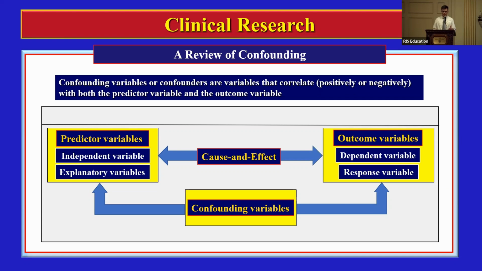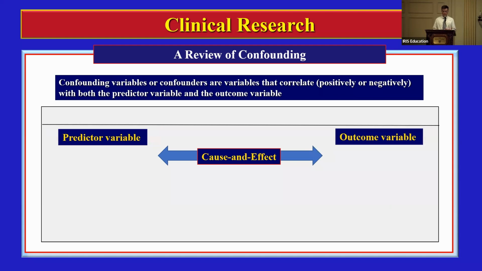So I think it's always good to have an example. Let's say we have an investigator who wants to study patients hospitalized with community-acquired pneumonia, and they want to improve how long these patients are hospitalized. The standard community-acquired pneumonia patient will receive a beta-lactam antibiotic.